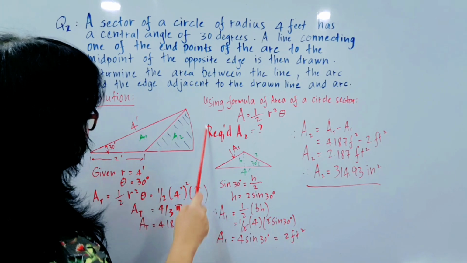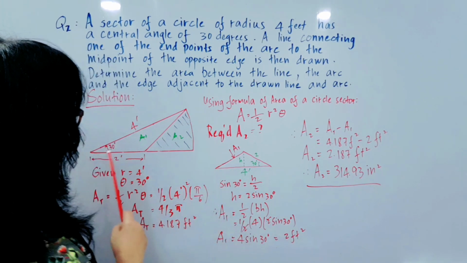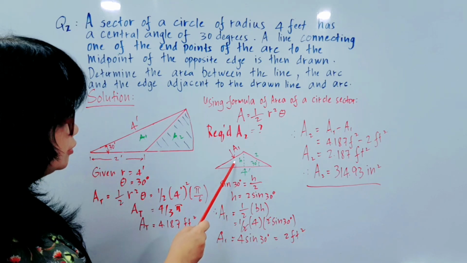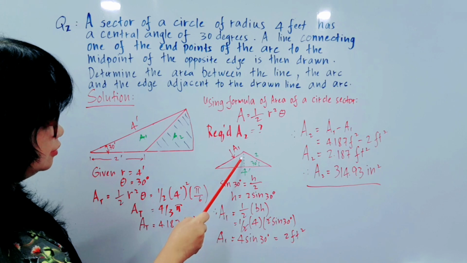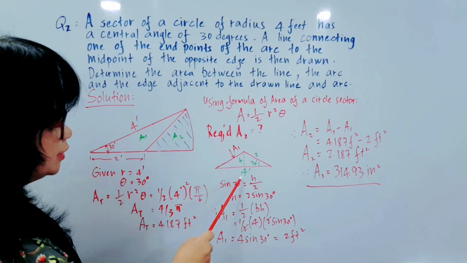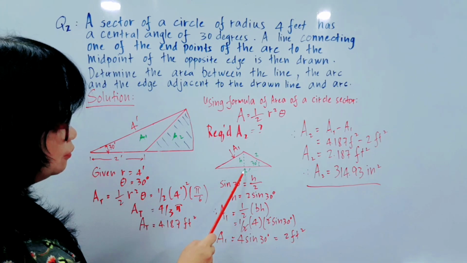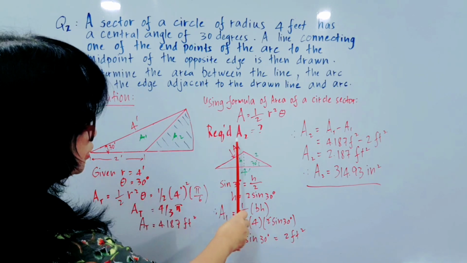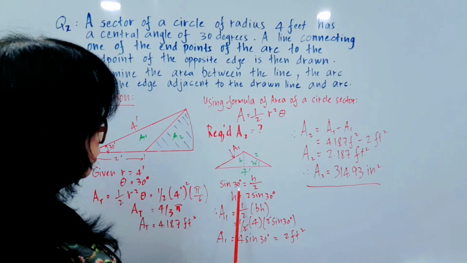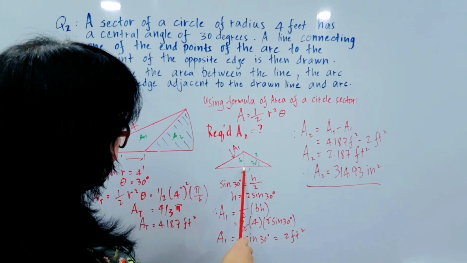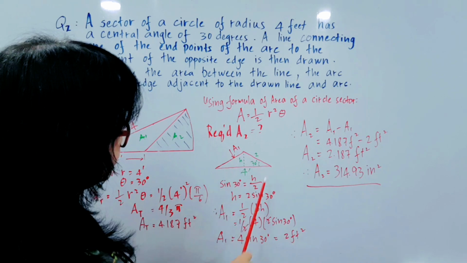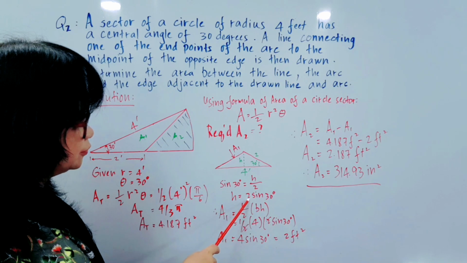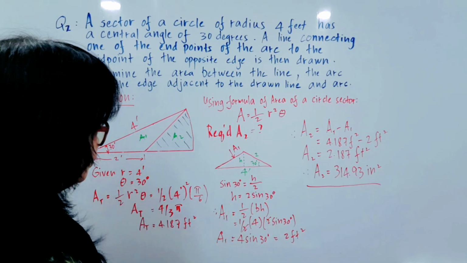This is 4, and this one is 2. Now we can solve the height of the triangle. Sine of 30 degrees is equal to the opposite over the hypotenuse, sorry. So sine 30 degrees is equal to h over the hypotenuse, which is 2. Height, therefore, is equal to 2 sine 30 degrees.